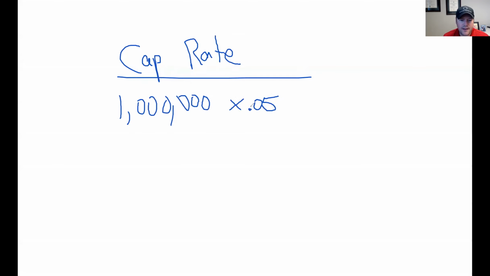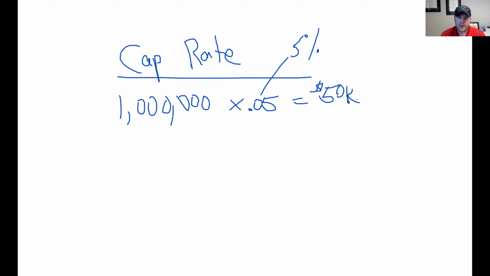So that's the 5%. That's going to equal your $50,000. So a $1 million property times the cap rate equals your return on your investment if you were to pay 100% of that property with cash, okay?